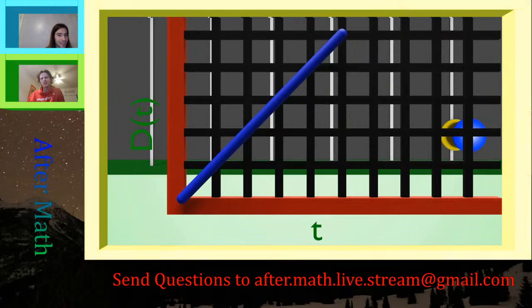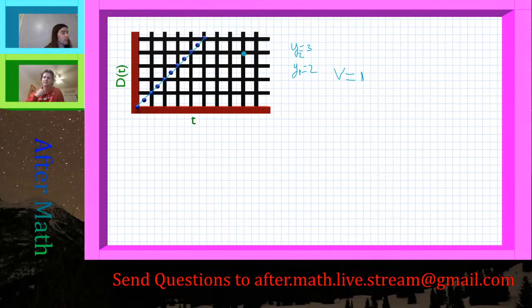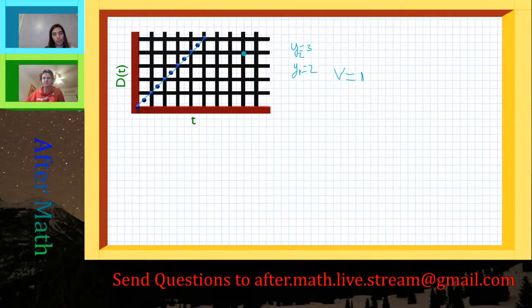Right, exactly. And the other thing that's important to remember, if we go back to our board, is we could take any 2 points on any of these graphs and it will give us the same slope because it is a straight line.